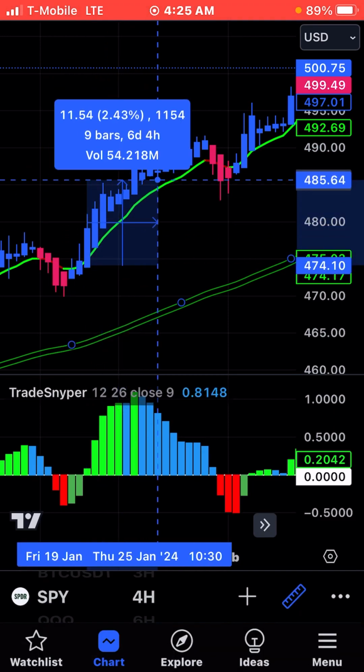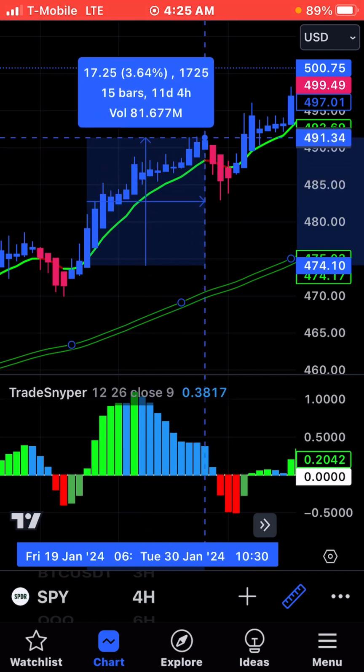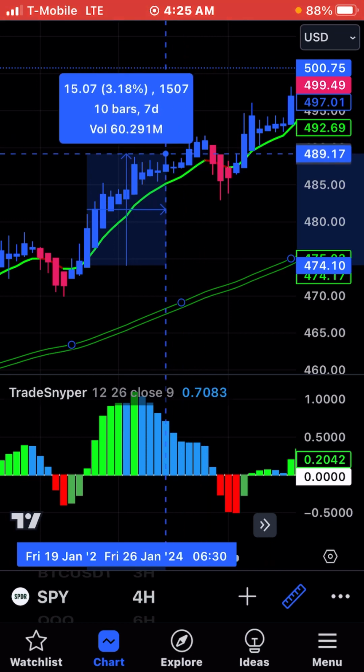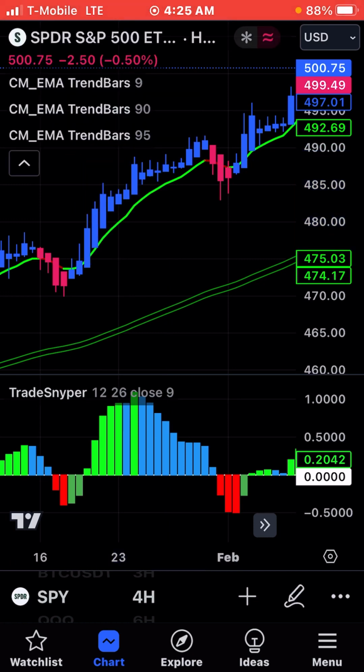If you wrote it out from here to here, you would have a $17 difference in price. This is 1,725. Well, this is an 11-day move, so we at least have a week contract here. So this is a $14 difference in price, so that's about $1,426 if you're doing options contracts.